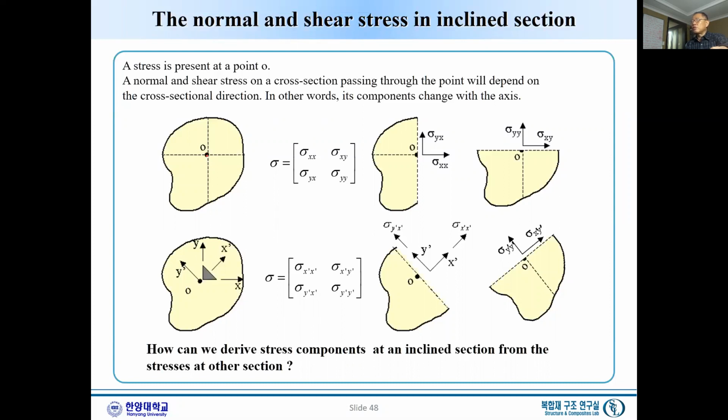The meaning of stress transformation is that, let's say there is a stress defined at a point, and if we use the coordinate like this, x and y, the stress at that point would have the components like this, 2 by 2 components. And the meaning of each component is like this.